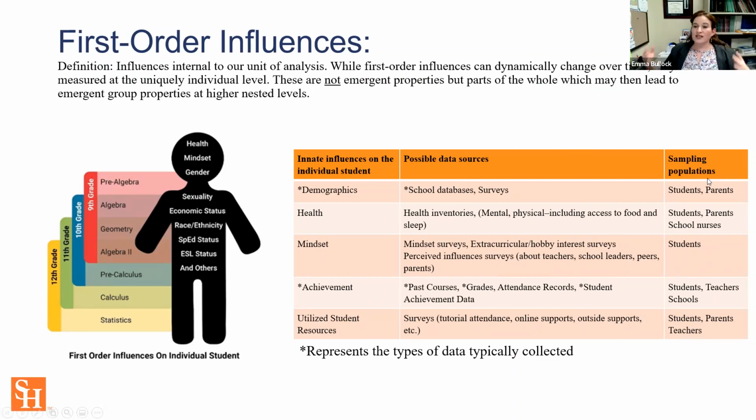So let's say we wanted to develop a survey for students that helps us to capture important data about various influences. So what we can do is we can come over here and we can look, oh, students, and I think this is natural, could help us to collect pretty much every type of information about first order influences. They could help us to gather information on that from their perspective, right?